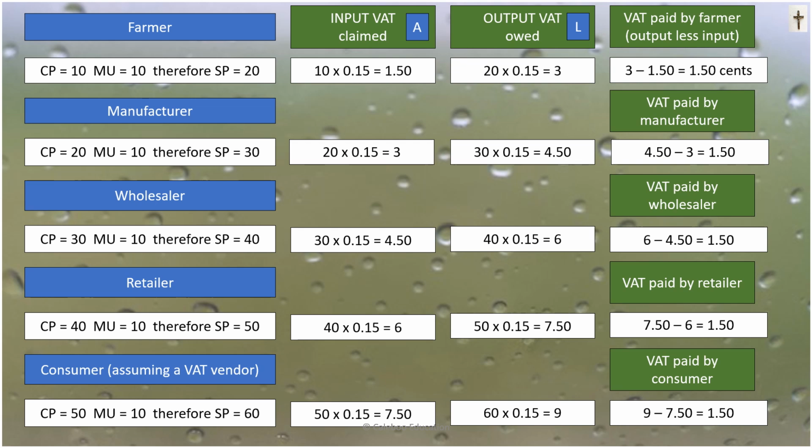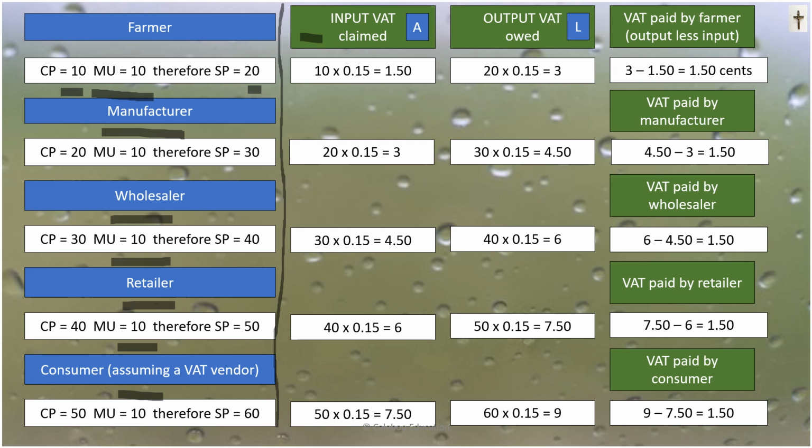We are now going to build on the previous slide. Remember the levels of production, all these numbers here from the previous slide, excluded VAT. Now what we're going to do is we're going to calculate input VAT, the amount of money that can be claimed on items purchased, standard rated items.